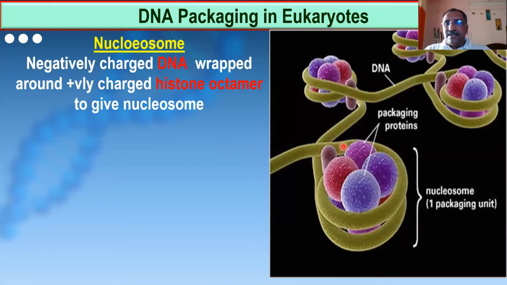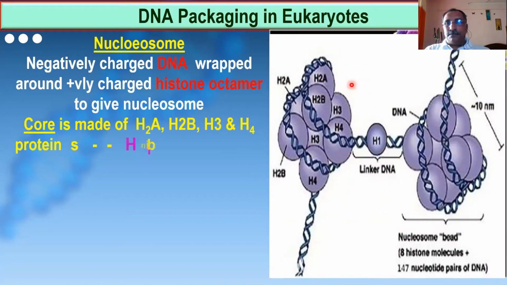This is the negatively charged DNA that is wrapped around an octamer, which contains 8 molecules of histones, 2 molecules each of H2A, H2B, H3 and H4, encircling this octamer, and then it is going out. At the entry point and exit point, you can see that there is a small sealing histone, which we can say as H1.